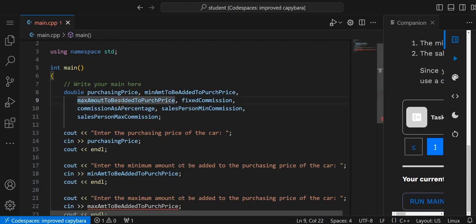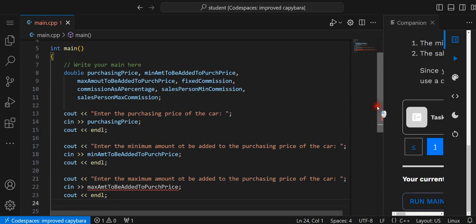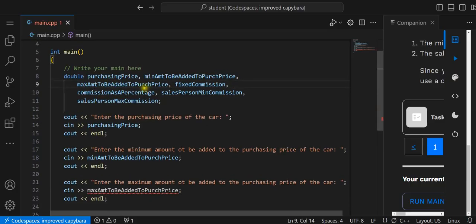Okay, there you go, capital A. Still not right. Max amount. I spelled it all right. There we go. All right, so we got that done.